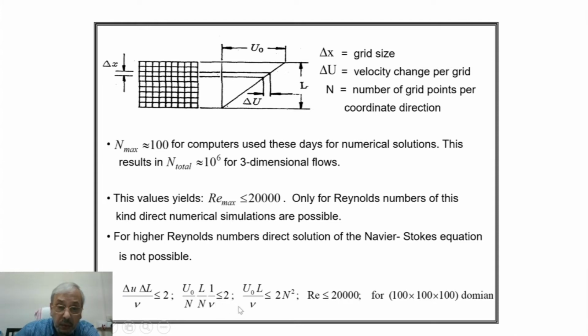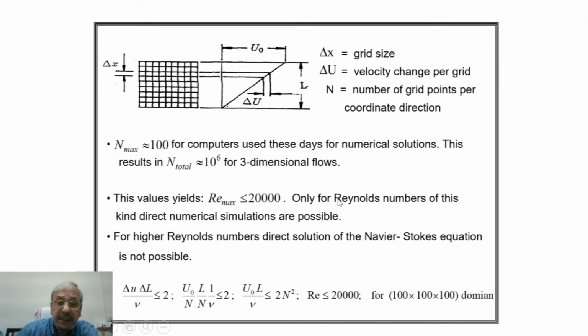So we can get here u0 into L by nu, which is the Reynolds number, is less than or equal to 2n squared. N is 100 we have taken.